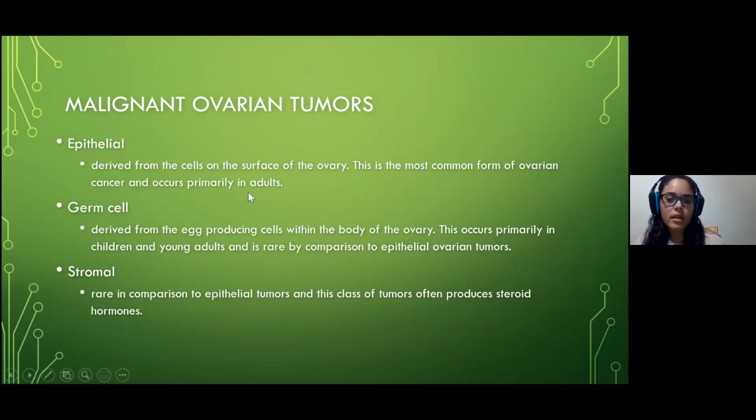These ages are important to help differentiate which kind of tumor you're seeing in a woman. Germ cell tumors are more rare in comparison to the epithelial ones. The stromal ones are even rarer, and this class of tumors often produces steroid hormones.